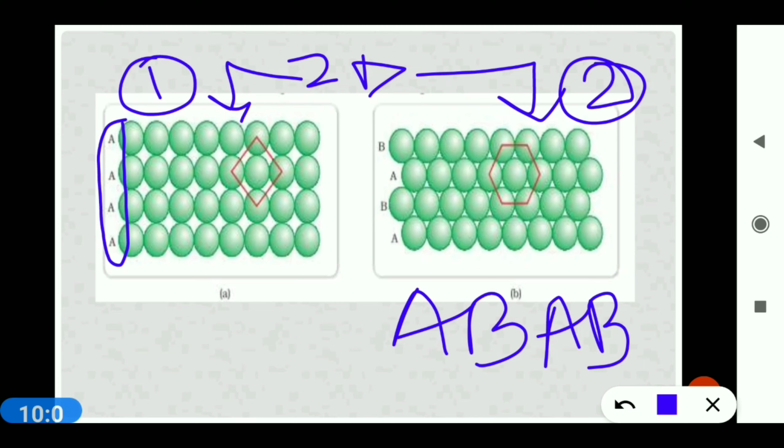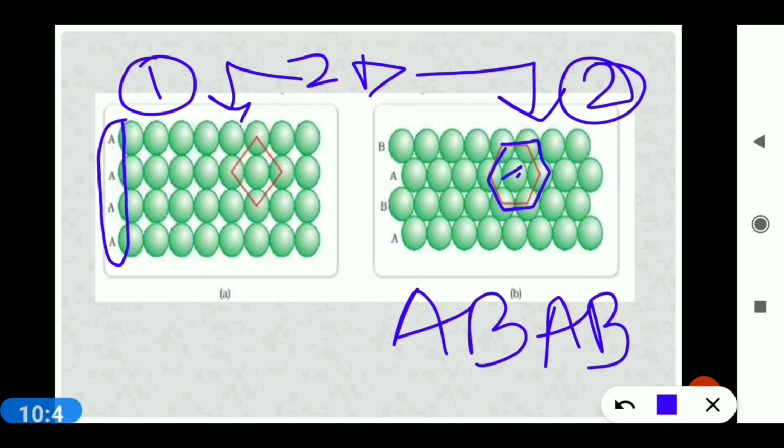In this arrangement, each sphere is touching 6 other spheres. You can see, for example, the blue sphere, 6 spheres are touching it. When you join these 6 spheres, you will get a hexagon. Arrangement is known as ABAB arrangement.